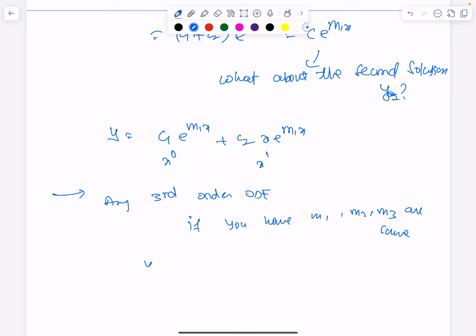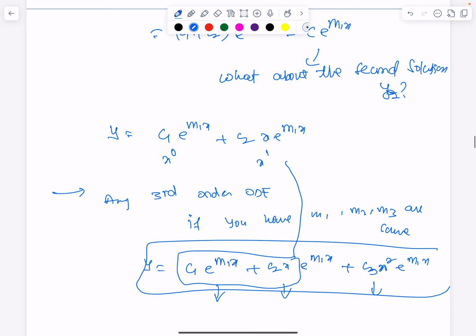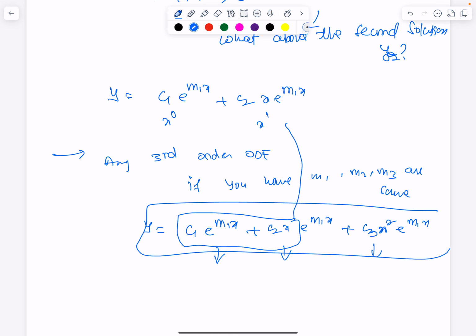Then your solution is y is equal to c1 e^(m1 x) plus c2 x e^(m1 x) plus c3 x square e^(m1 x). So you have to increase that polynomial whenever it is repeating. Since it appeared 2 times, you have up to first degree. If it is repeating 3 times, then you have up to second degree. The number of times it is repeated, one degree less than that you have to use in the solution.